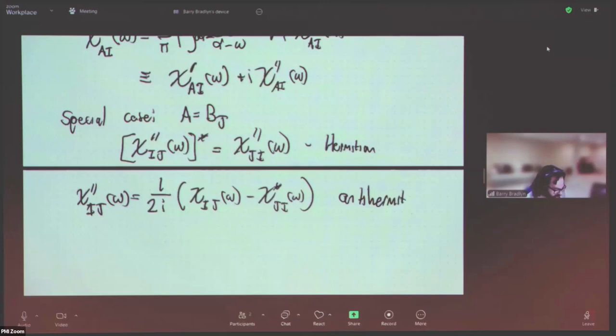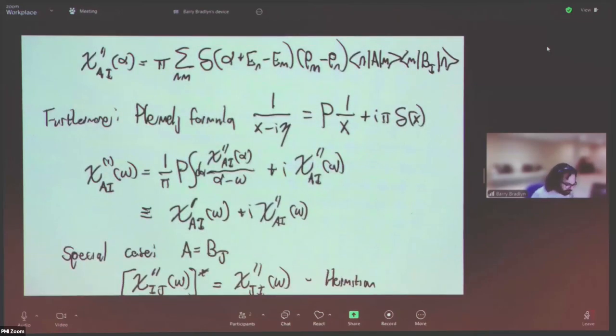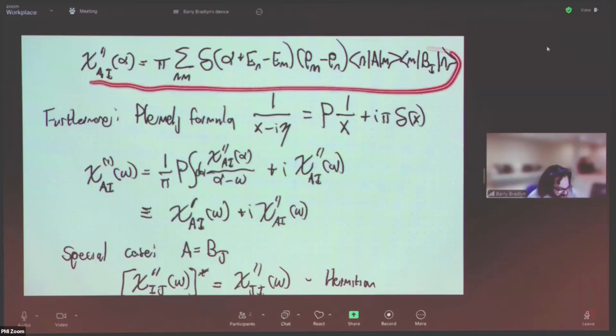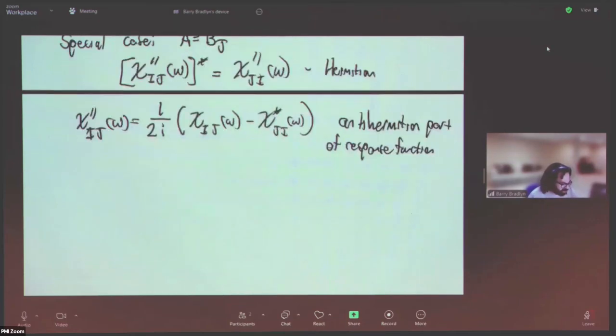So it's the anti-Hermitian part of our response function. So not only is it written as some spectral density representation, we can actually extract it experimentally by looking at the imaginary or anti-Hermitian part of the response.